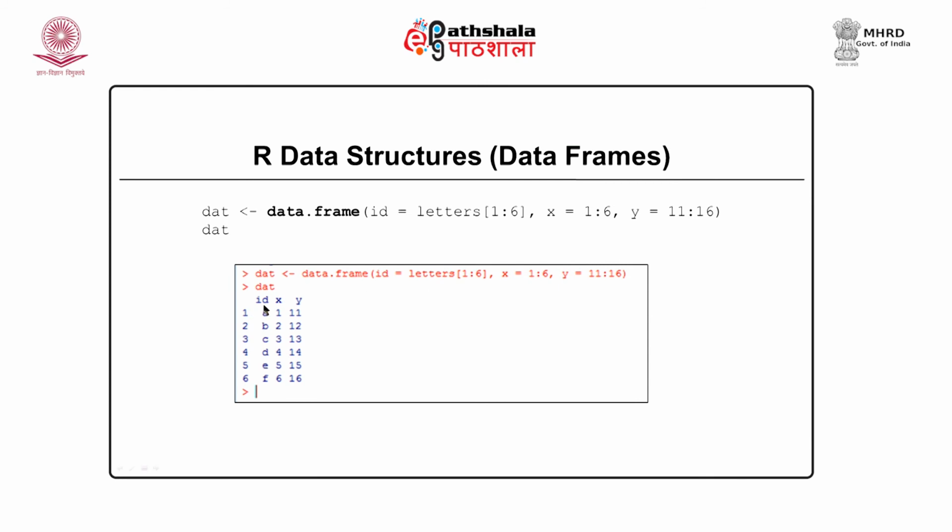There is one column ID which takes values A to F, that is through letters. When we say letters, it will take A, B, C, D up to 6 letters. The other column is values X from 1 to 6 as we have specified here, and the third column is Y values from 11 to 16 that we have specified here.